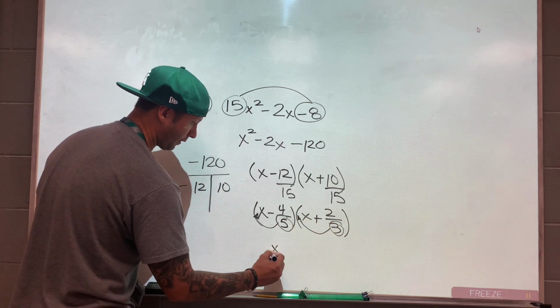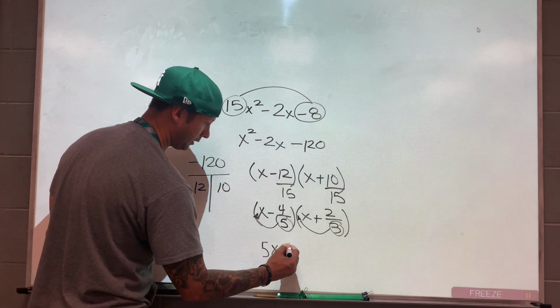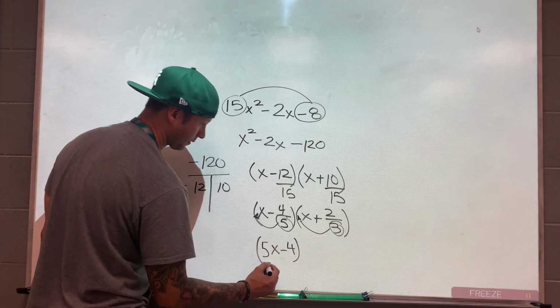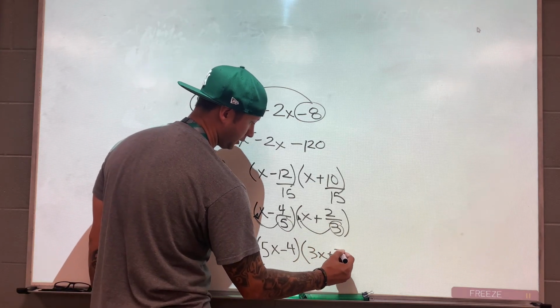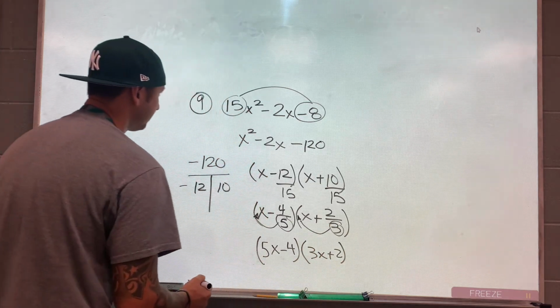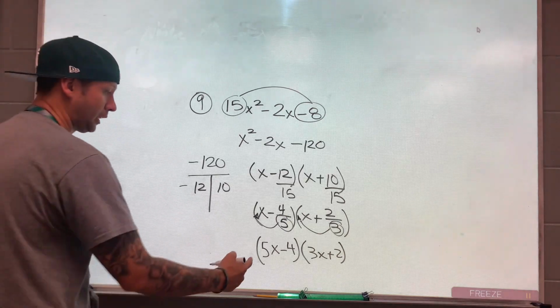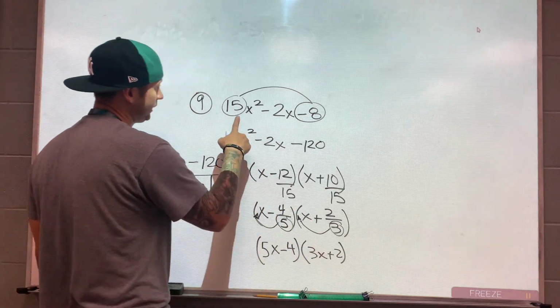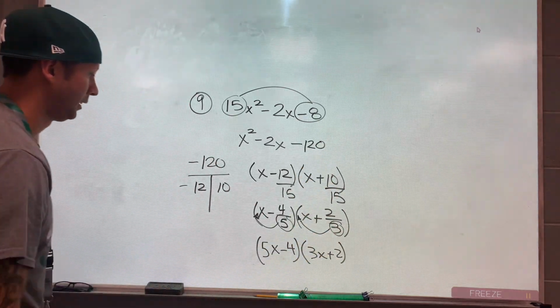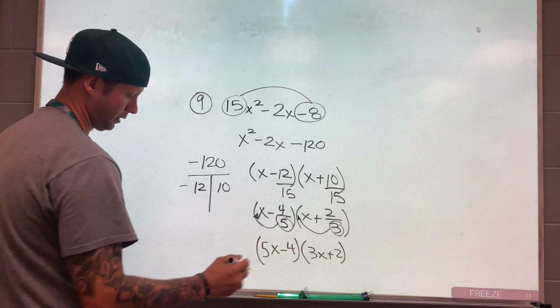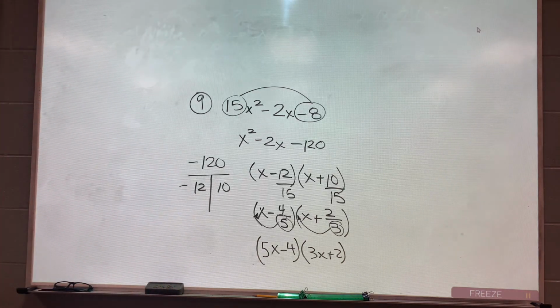So it's going to be 5x minus 4, 3x plus 2. Do a quick little check. 5 times 3 is 15x squared. All right. So that's the factored form.